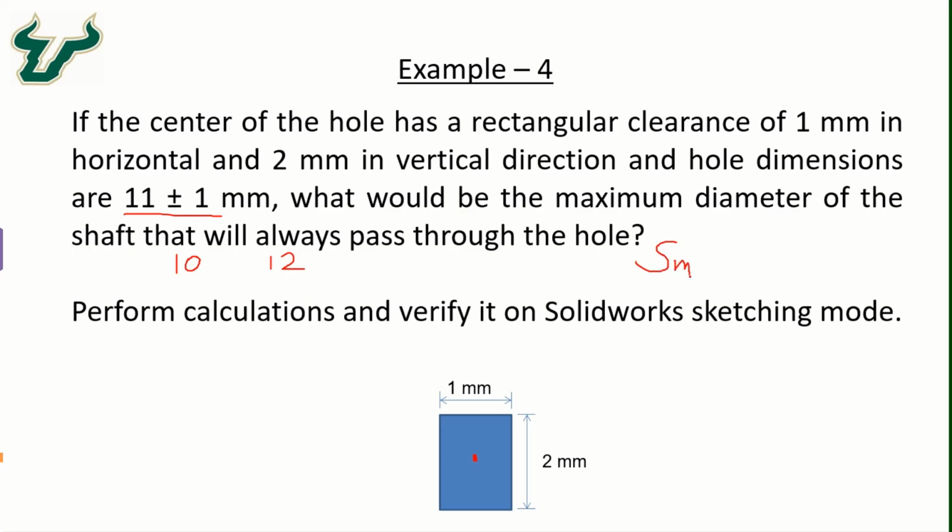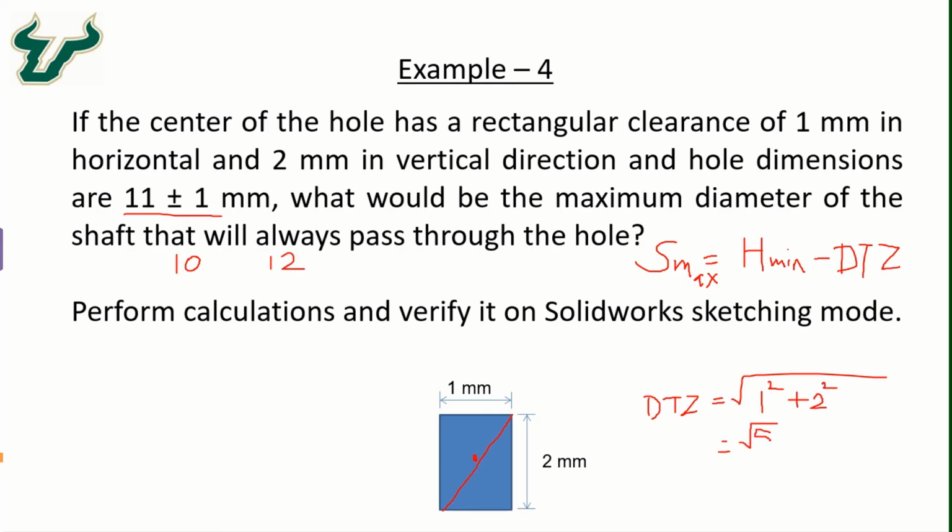S max equals hole minimum minus the diagonal tolerance zone distance, DTZ. In this case, the DTZ can be calculated as the square root of 1 squared plus 2 squared, which is equal to the square root of 5, which is 2.236.